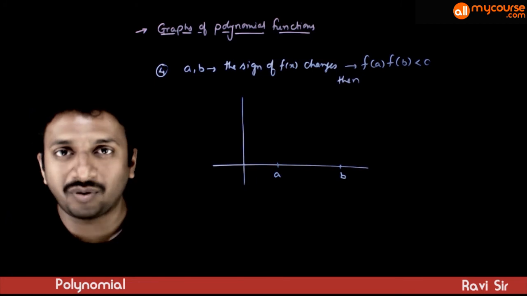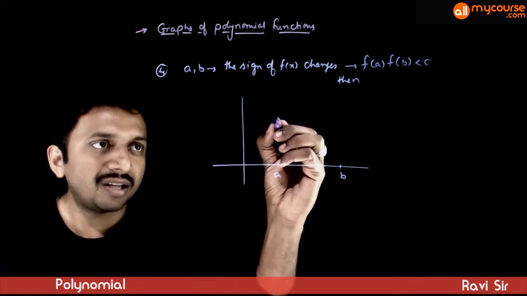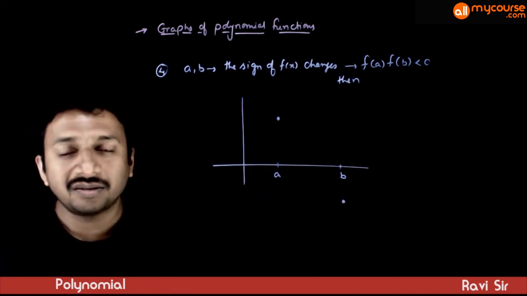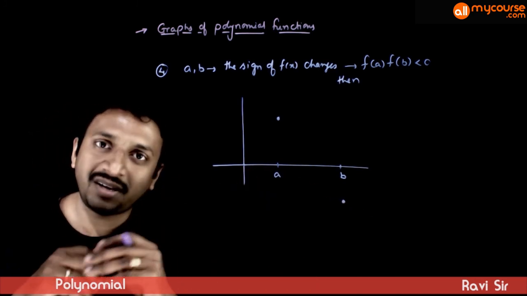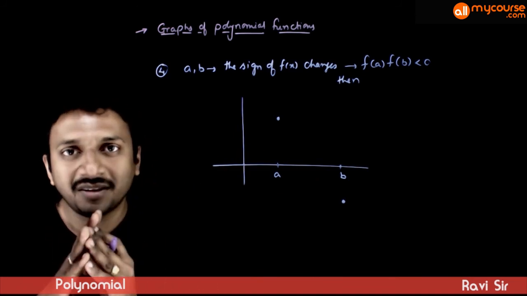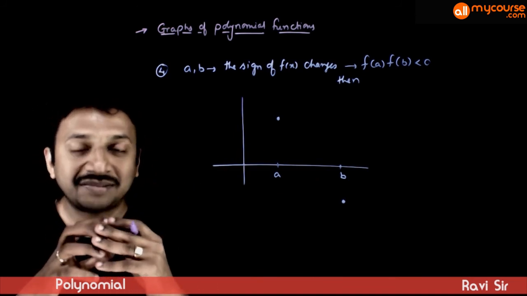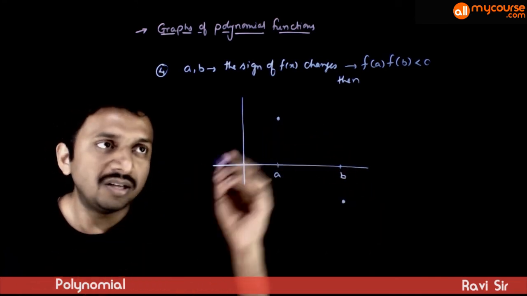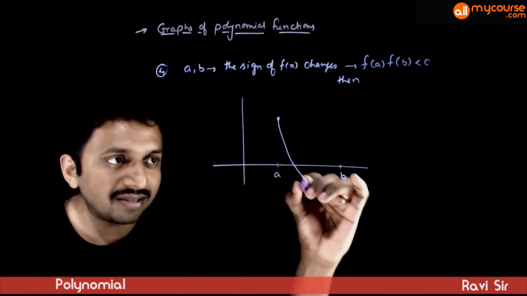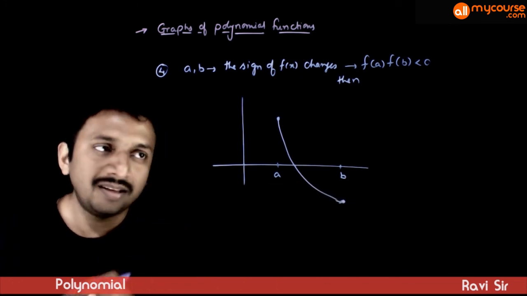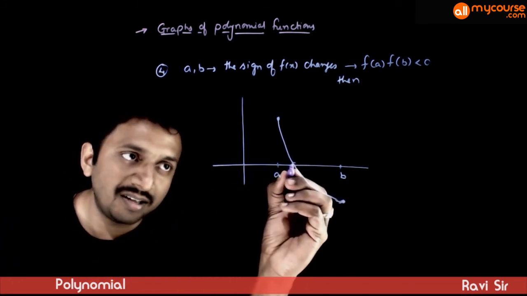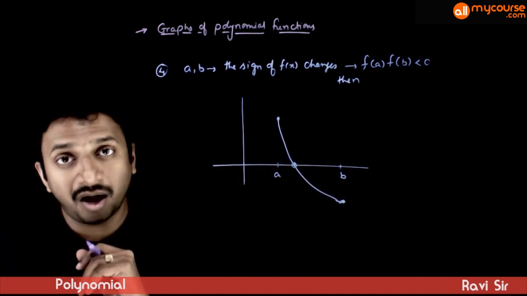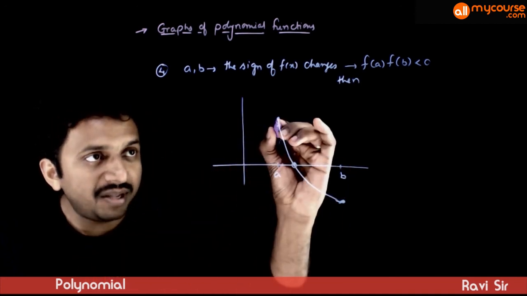how should the graph look like? So if f is positive at A and negative at B, what are the different possibilities for graphs between A and B? Because the polynomial graphs are continuous, they have to be continuously moving from this point to this point. So the graph can go like this. That means it has to cut the x-axis at some point between A and B. Or the graph can be something like this.